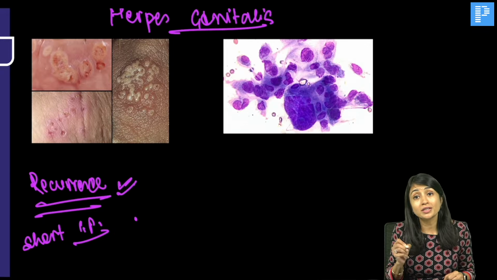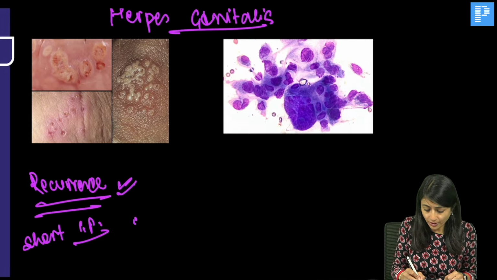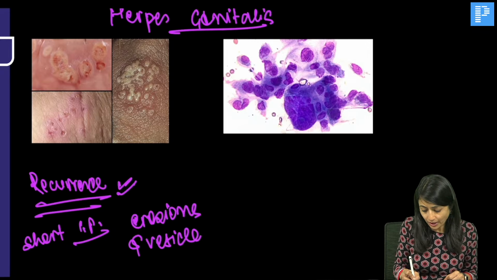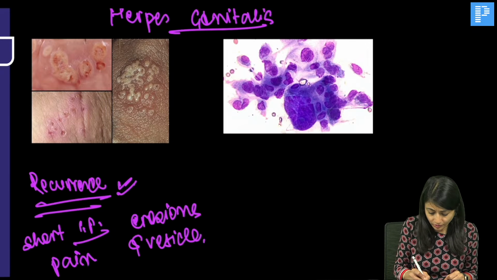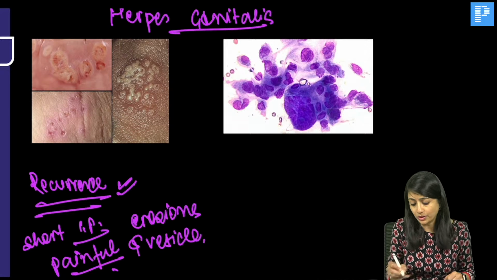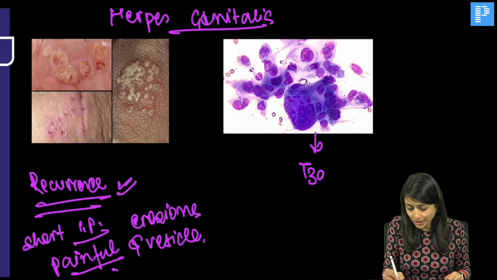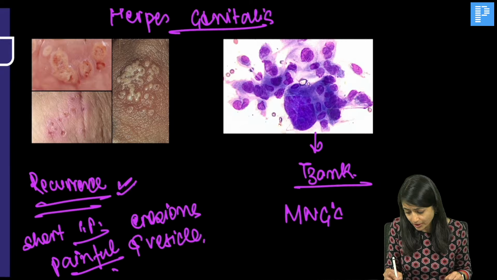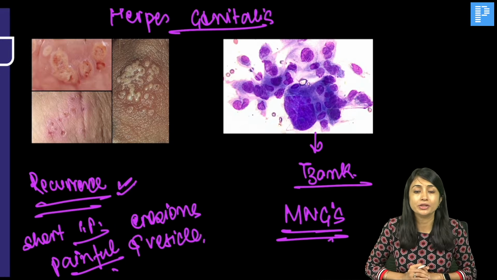Here you do not see an actual ulcer, you see erosions and vesicles which are coalescing and are very painful. So, painful erosions, coalescing erosions, short incubation period. What do you do? You do a Tzanck smear and you see these multinucleate giant cells or MNGs.